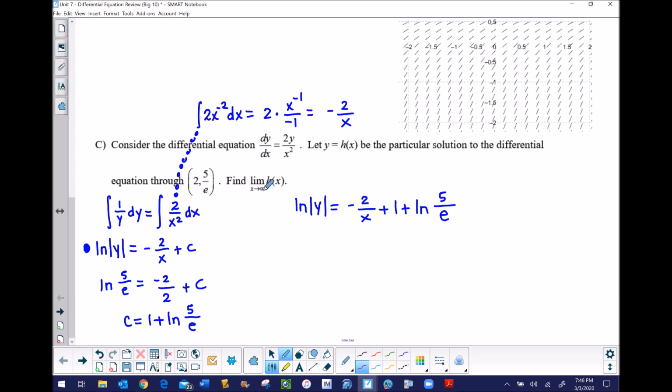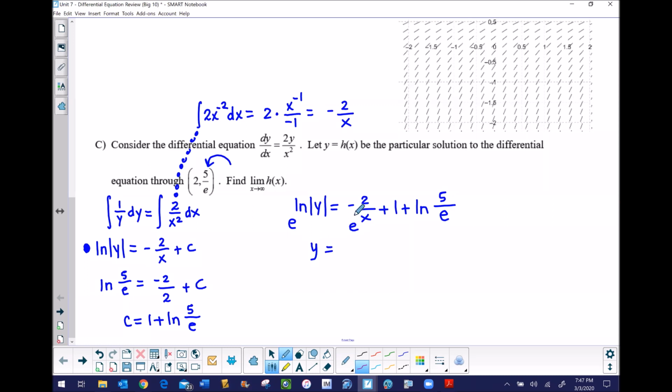Now, in order to be able to take the limit of h of x, which is y, this y has to be by itself. So exponentiate. The absolute value of y would normally be what we have here, but what's the sign of the y value? It's definitely positive, so we can remove the absolute values and not worry about any negative sign on the right side.